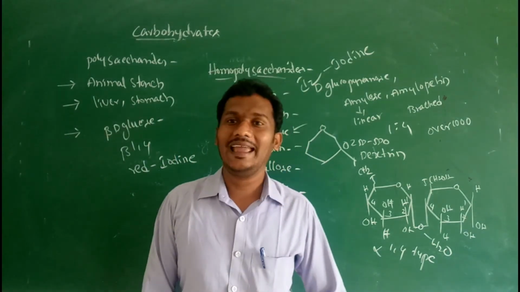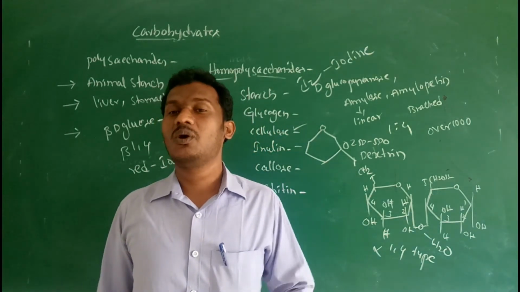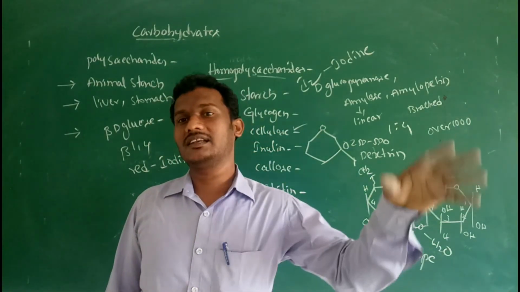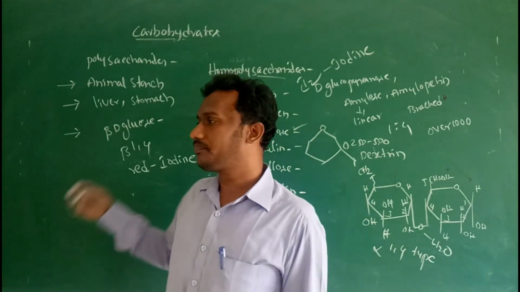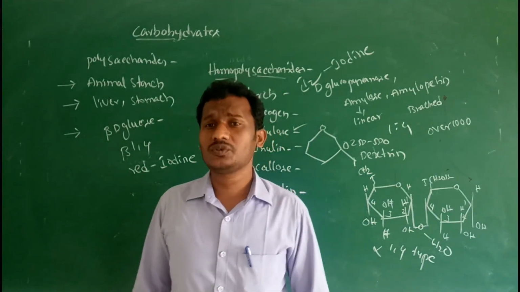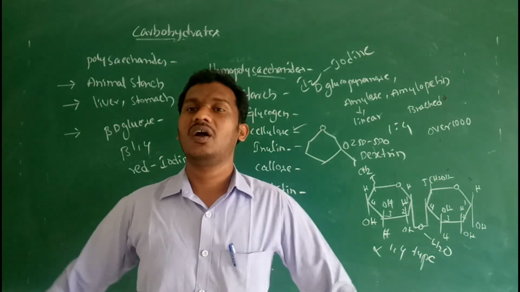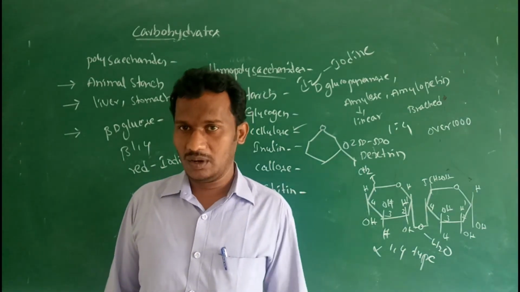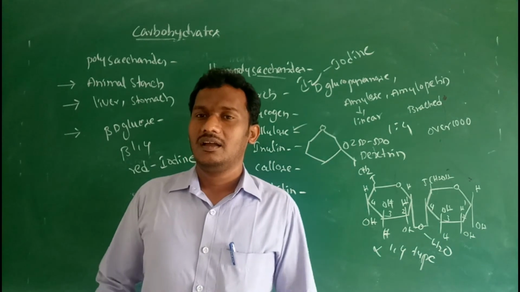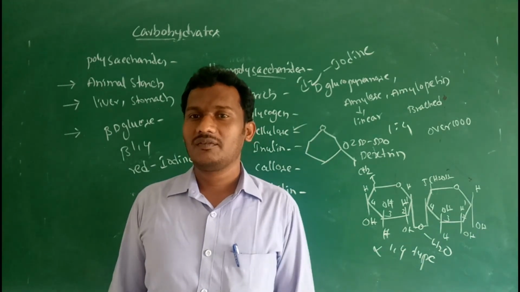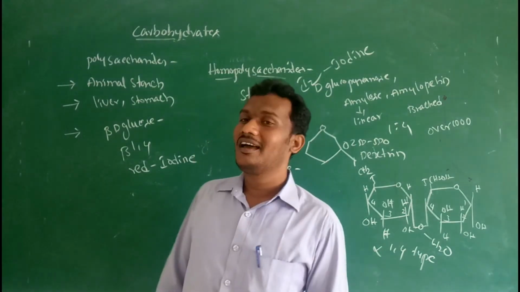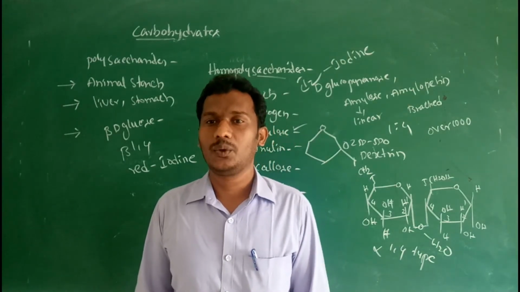Cellulose is highly resistant to hydrolysis. It does not show the helical branching condition, so it cannot hold the I2 molecule. That's why it will not give the blue color with iodine. It will give the red color with iodine.